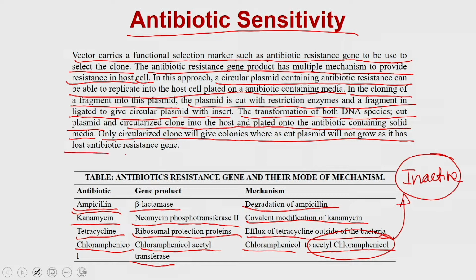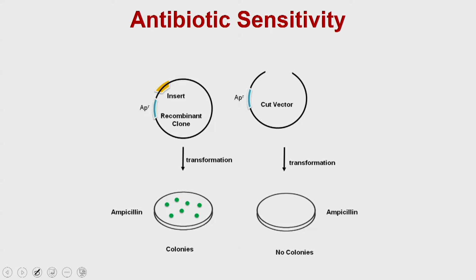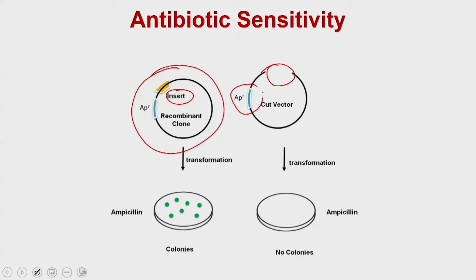as it has lost the antibiotic resistance gene. Which means, if you have the insert, you put the insert into the plasmid and go for a ligation reaction, it will give you the circular plasmid, whereas in the other case you are going to have the linear plasmid, which, because it is linear, is not going to express the ampicillin resistance gene, and that is how it will not confer any resistance.